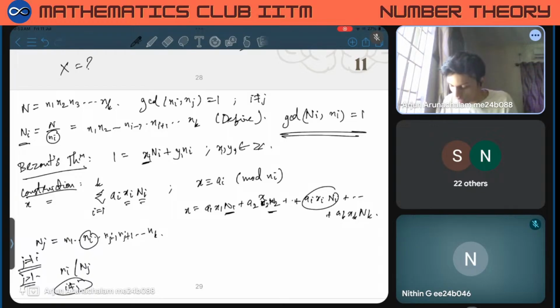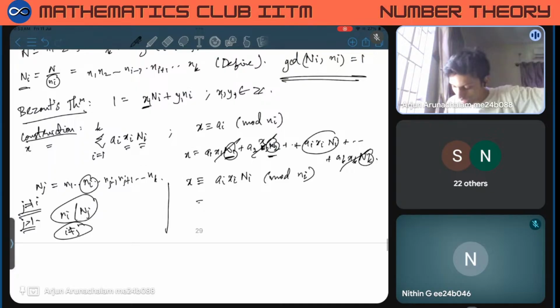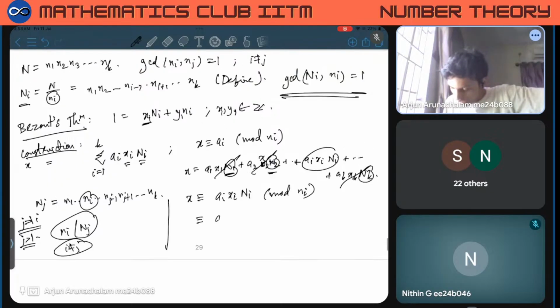So when you talk about congruences, you can remove all these terms. So x is congruent to ai, xi, Ni mod ni, because ni divides N1, N2, up to Nk. So everything except capital Ni will be divided by small ni. Now you write this as ai into (1 minus yi ni), right?